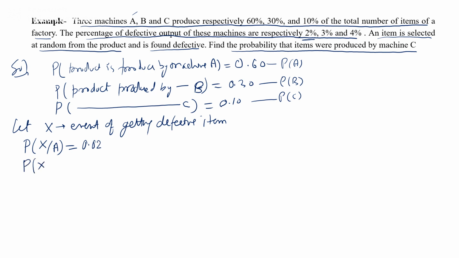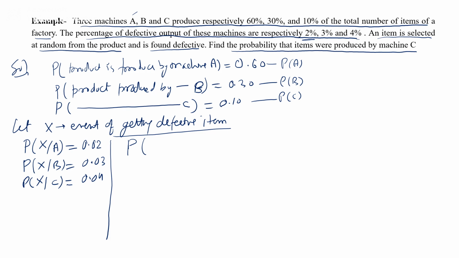The probability of defective produced by B is 0.03. The probability of defective given that it is produced by C is 0.04. That is 2, 3 and 4%. Now we have to find the probability that the product was produced by C when the product is defective.